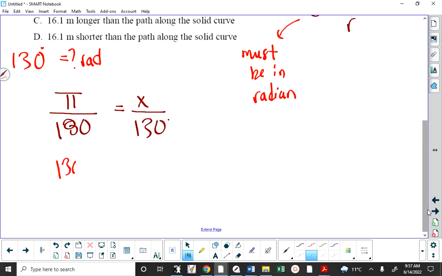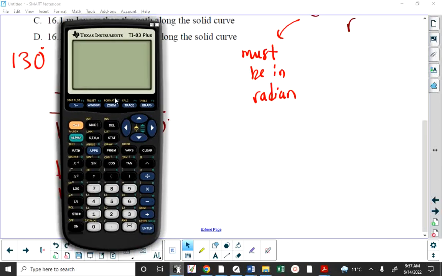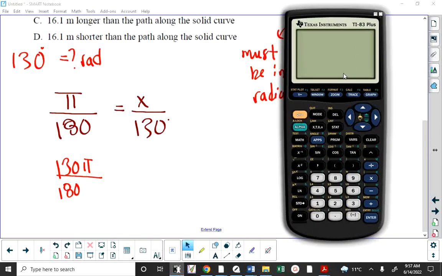So that's how you're going to calculate what x is. We'll have 130 pi over 180. And it is a multiple choice question, and the answer is in decimal form, so we can feel free to not simplify that. I'm just going to take 130 pi divided by 180. This is how many radians that is, 2.2 something.